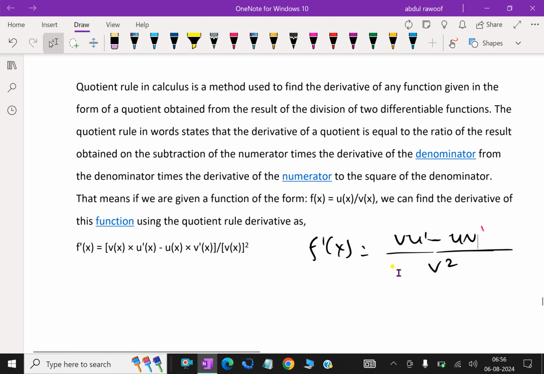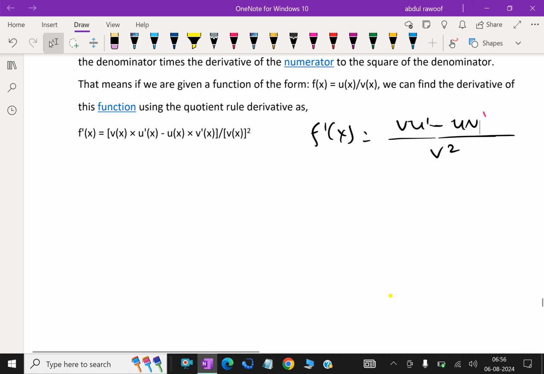The denominator is v square, the second function squared, and the numerator is the second function into the derivative of the first, minus the first function into the derivative of the second. Suppose we use one example to understand this concept.